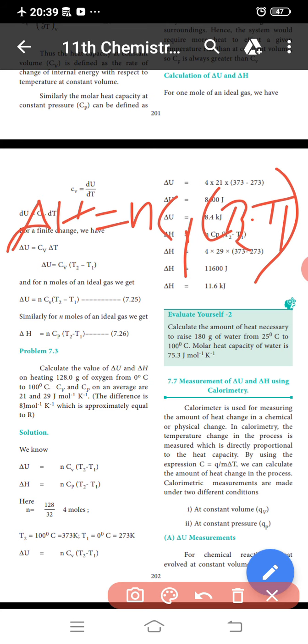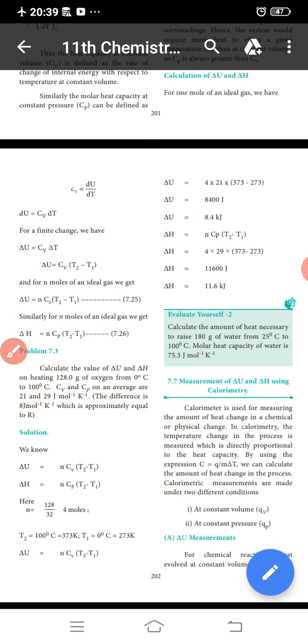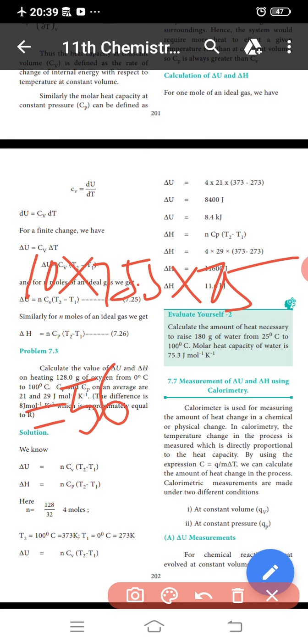So n is 10 into 75.3 into 75, since 100 degrees Celsius means 373 and 298 gives 75. The value is 56,475 joule.